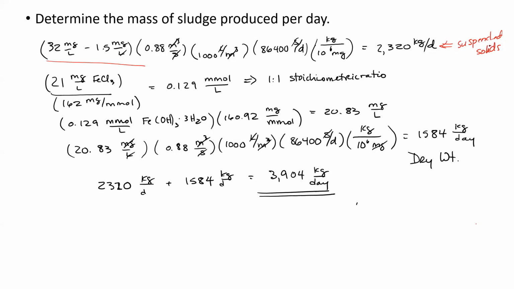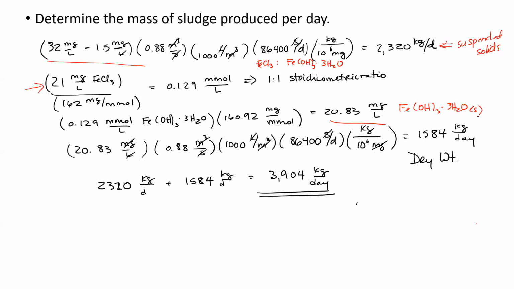The amount of ferric chloride to ferric hydroxide is a 1-to-1 stoichiometry, so we can calculate from that. We start with our dose and calculate the concentration of ferric hydroxide that is produced.